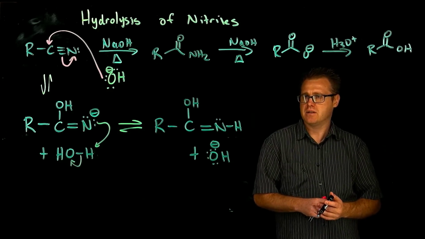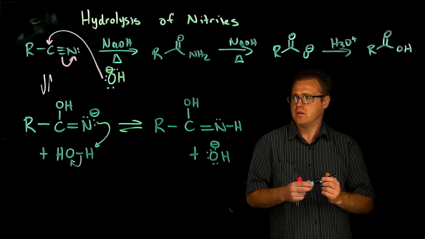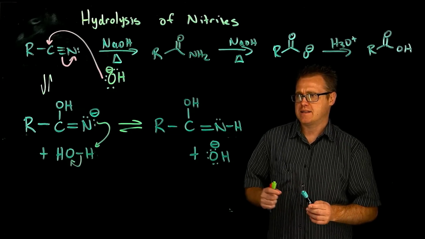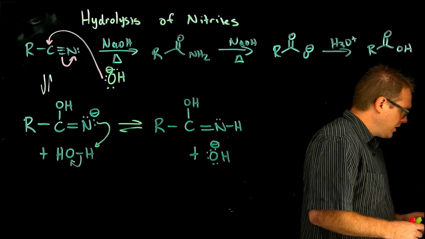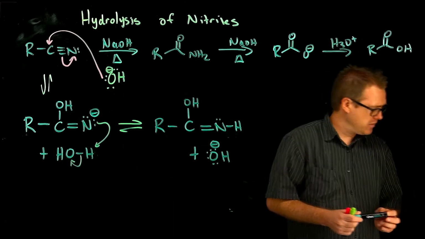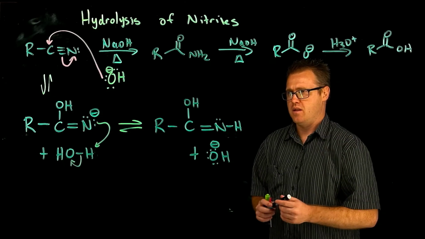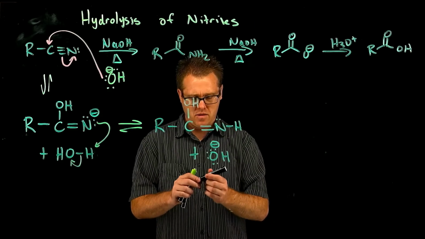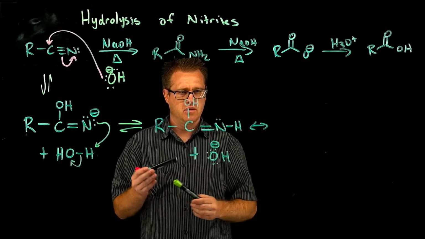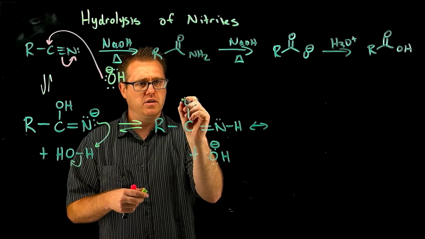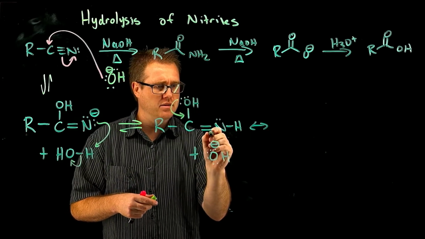Let's see here. What's the next step? So we have some base here. What we could do, what if I drew a resonance structure? What if I took the lone pair here, go like this?